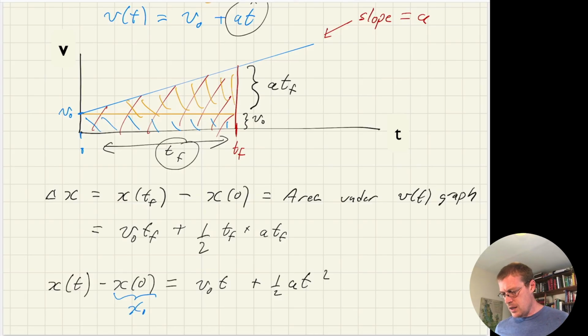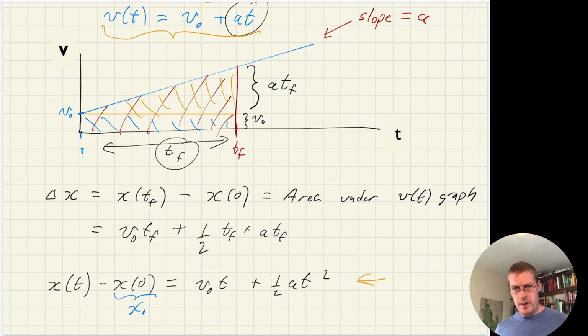Once again, this should feel familiar from calculus, because if I took the antiderivative of this expression, the antiderivative of a constant is t, the antiderivative of t is t squared over 2, I would get exactly that equation.